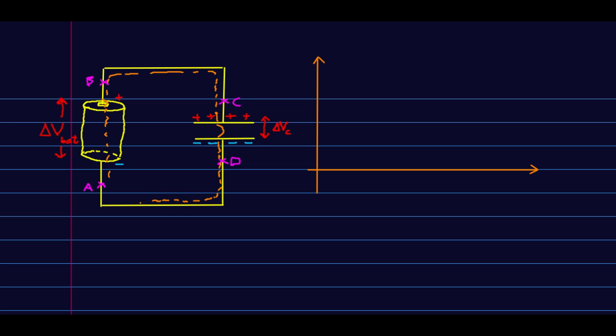And we're going to continue until we come back to point A here, and we're going to write our distance traveled around as S. And we're going to graph the potential versus our distance walked inside the circuit. And so point A is here where we start, and at some point we'll walk through B, and then C, and then D, and we'll eventually get back to point A.